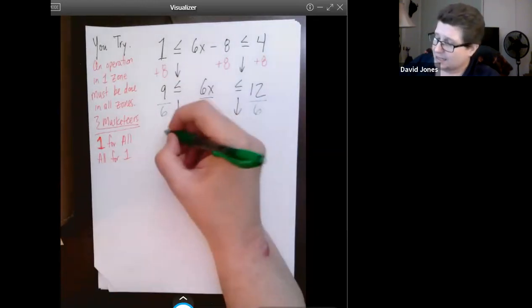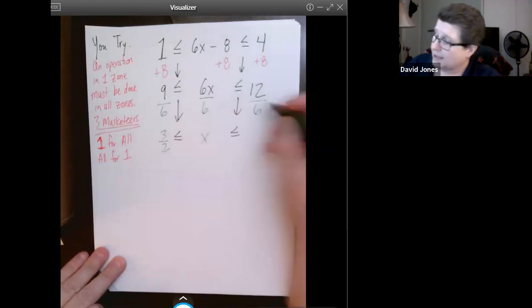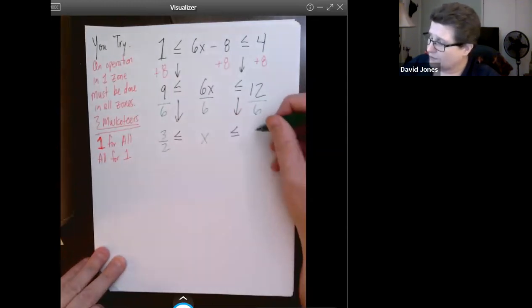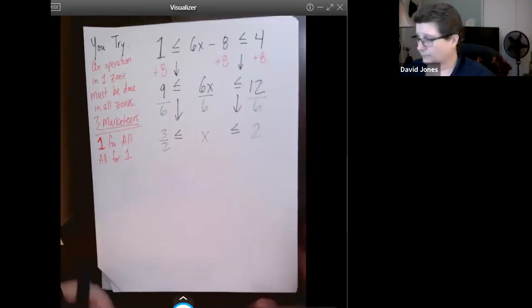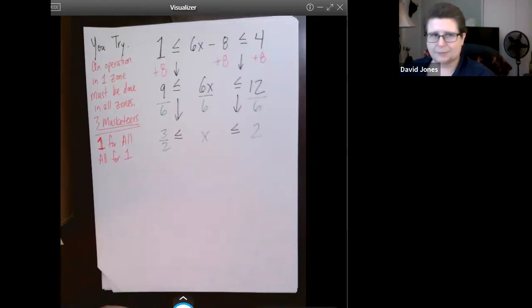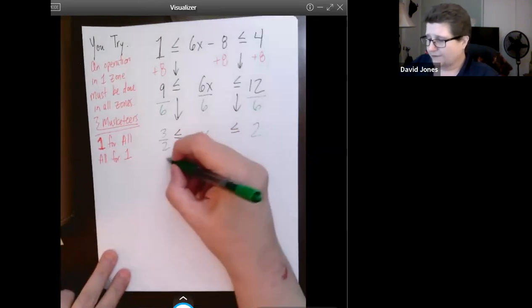9 over 6 simplifies to 3 over 2 is less than or equal to x, and 12 divided by 6 is 2. It might help you to rewrite fractions as decimals. 3/2 is 1.5.